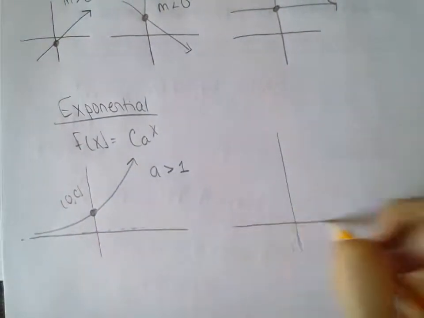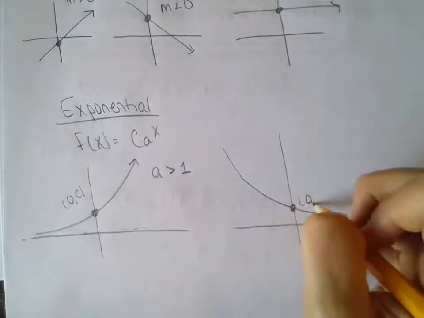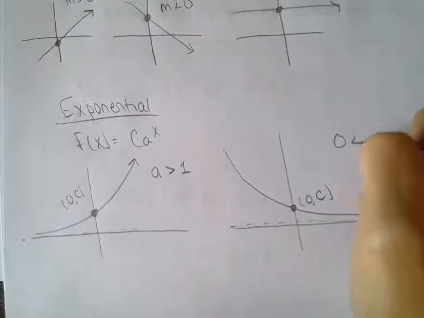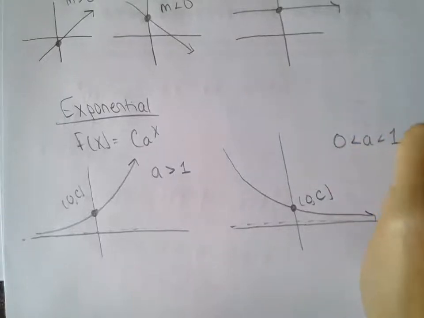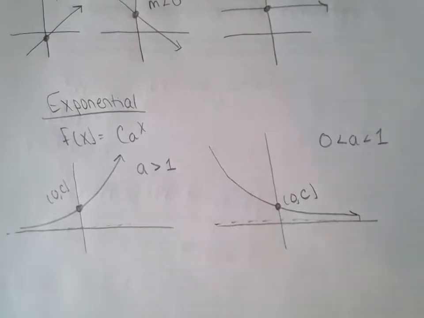If it's decay, your picture looks like this. This point again is (0, c), with an asymptote here, and a is in between 0 and 1. Remember, a is our growth or decay factor, and c is the initial value. This is a really quick review of the two functions that we've learned so far.